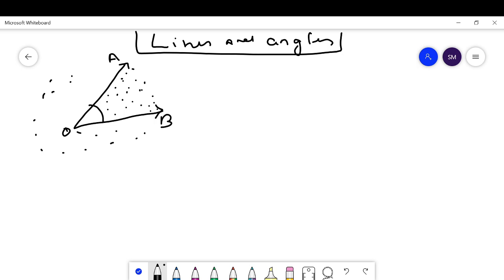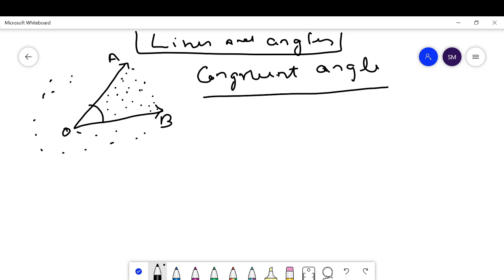Then what do you mean by congruent angle? Congruent angle: two angles are said to be congruent if and only if they have the same measure.